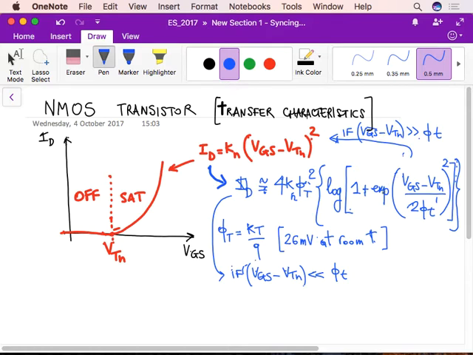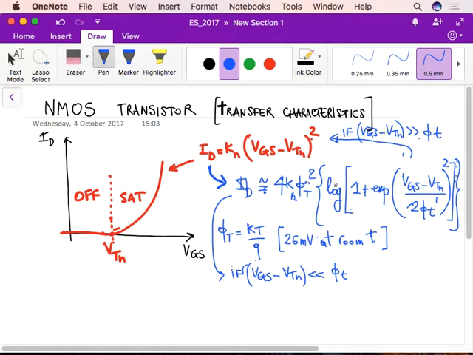The exponential is small. We have a logarithm of 1 plus a small thing, which is equal to the small thing. So logarithm of 1 plus x, if x is small, is approximately equal to x.